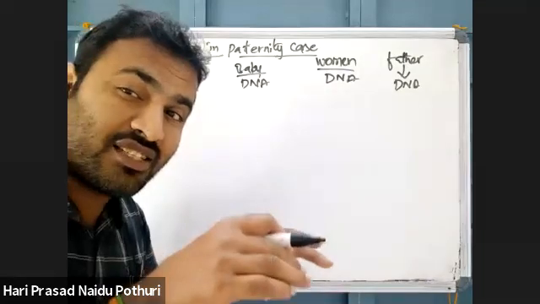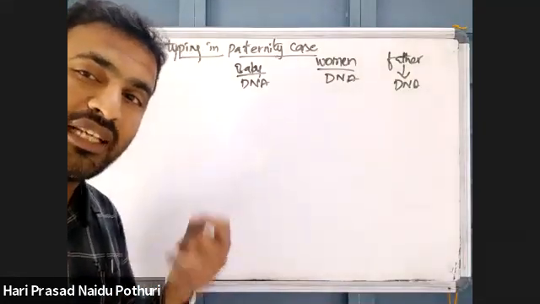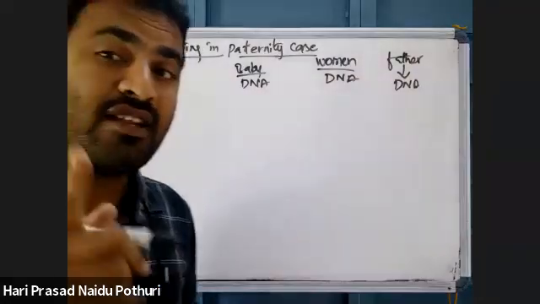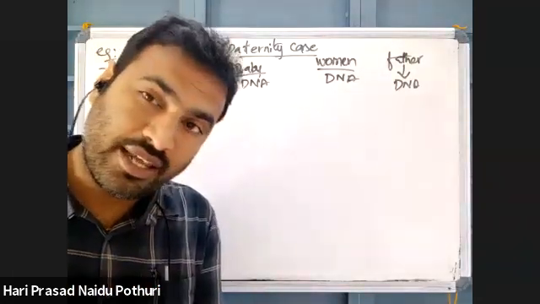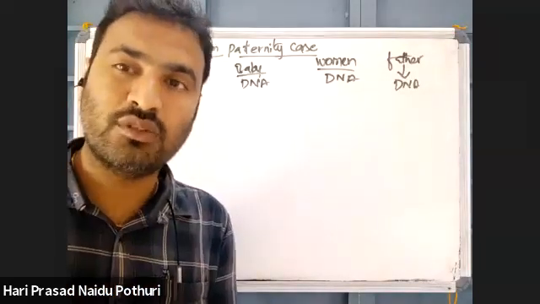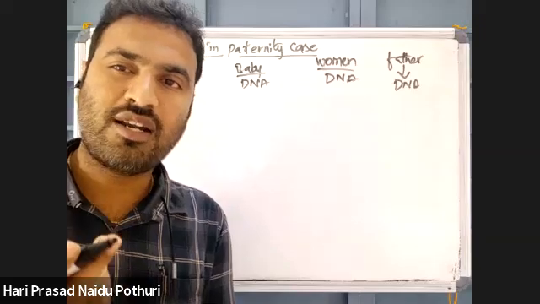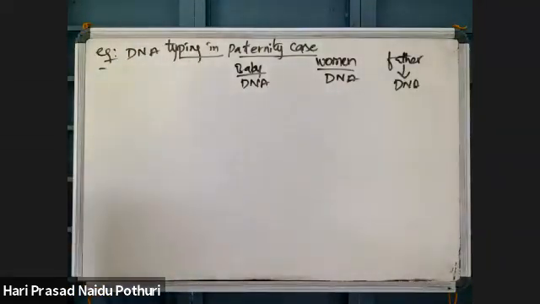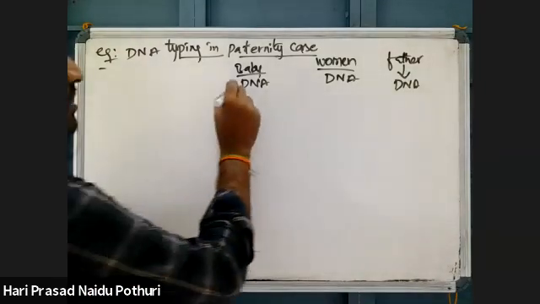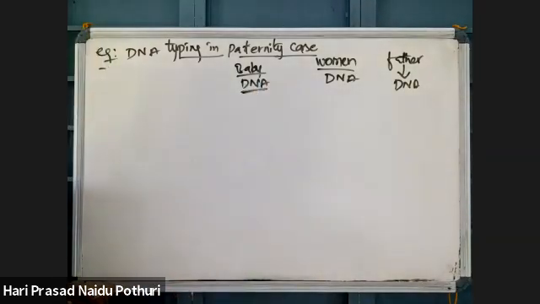From which place will they collect the DNA? If a person is available, we can collect the DNA by taking a blood sample. Selection of the DNA, I told you: blood, hair root, bone, sperm cells. Think wisely. Any DNA we can collect, and the entire process is carried up to autoradiography.